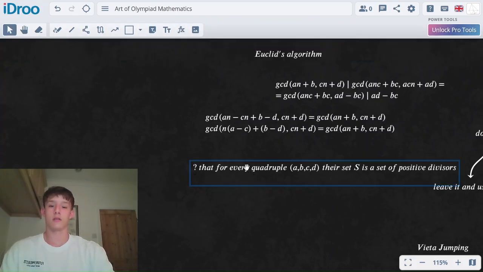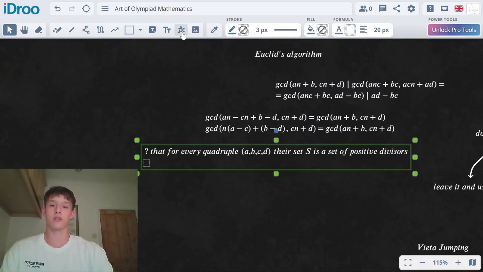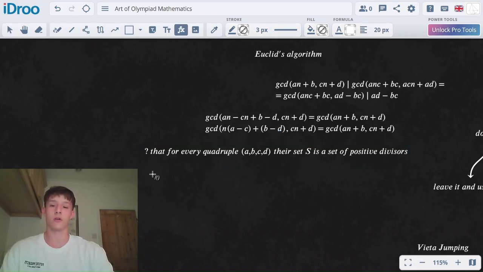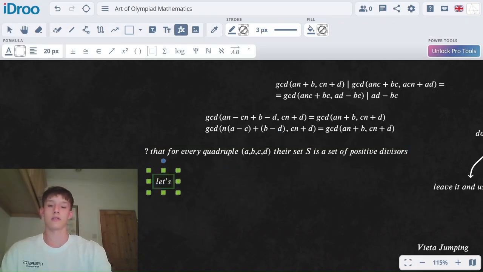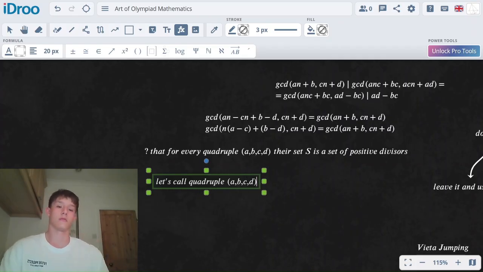When you have these kinds of conditions, sometimes it's very useful to do the following. Let's call a quadruple A, B, C, D something if their set S is a set of positive divisors. So we label some of them good, and then we want to show that everything's good.